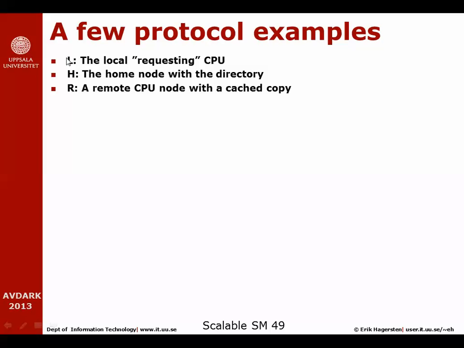This is the node where the requesting CPU is. We would see what actions the home node would take, the H, where the directory sits. And we'll also see what actions remote CPU nodes will take, since there will be messages sent from the directory to some remote nodes, and they will take some actions.